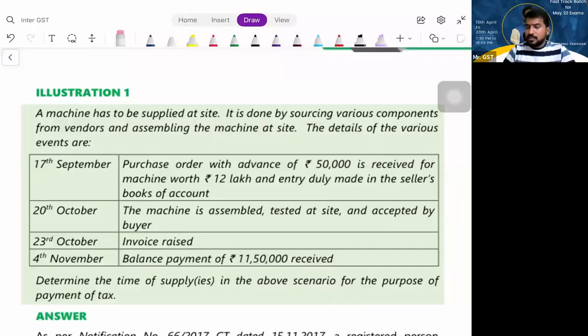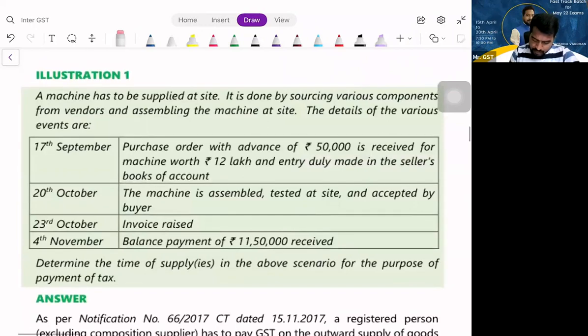Shall we discuss? So please understand here, a machine has to be supplied at site. It is done by sourcing various components from vendors and assembling the machine at site. The details of the various events are as follows. This is related to goods and obviously section 12 subsection 2 only. Now the point is, what is the provision? They have asked you to determine the time of supply.